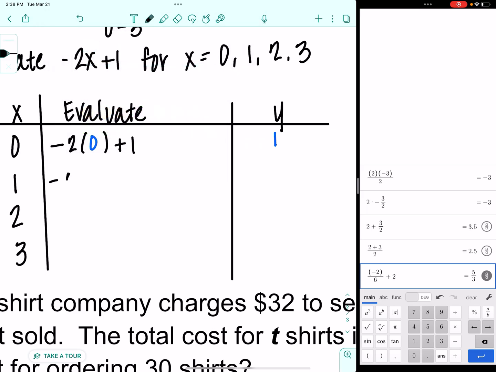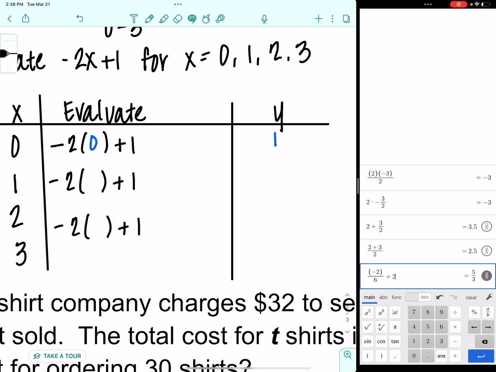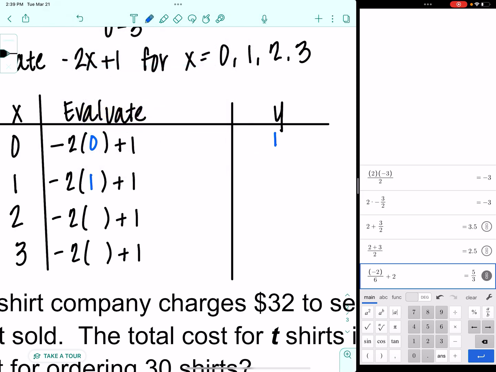Then I'm going to evaluate my same expression at each of the other X values. So when X is 1, I'm going to plug a 1 in the X spot. Negative 2 times 1 is negative 2, plus 1 is negative 1.